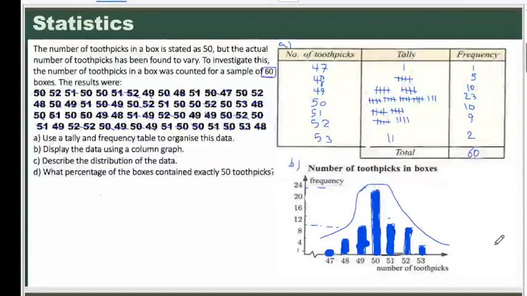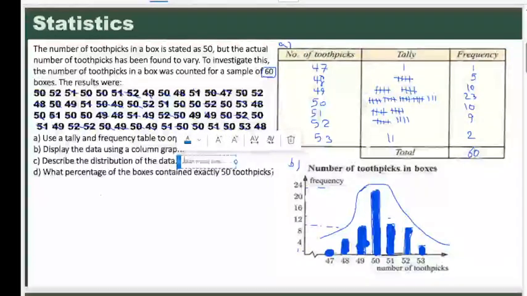Not skewed positively or skewed negatively. If you look at this graph, it's approximately symmetrical. So for part C, I can write approximately symmetrical.